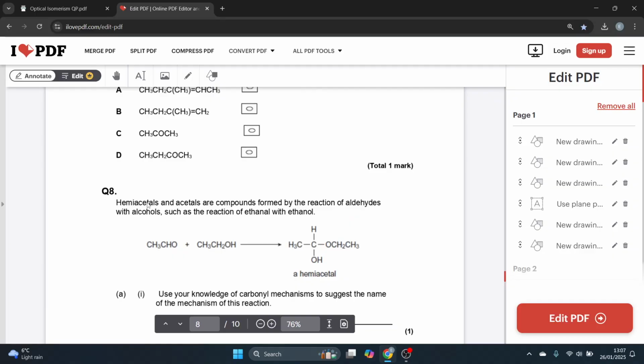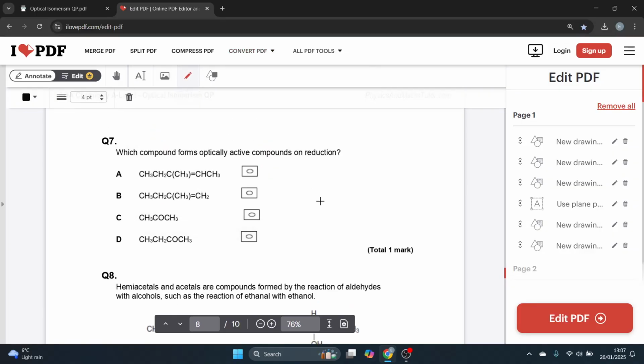And then question 7 says, which compound forms optically active compounds on reduction?